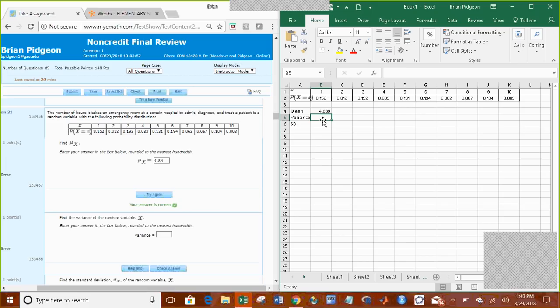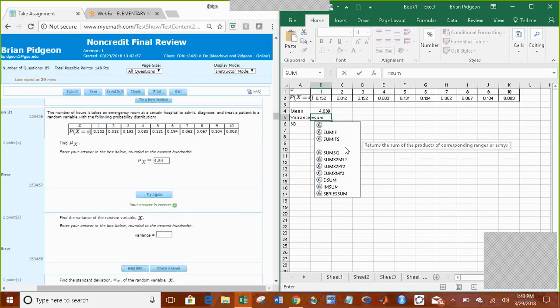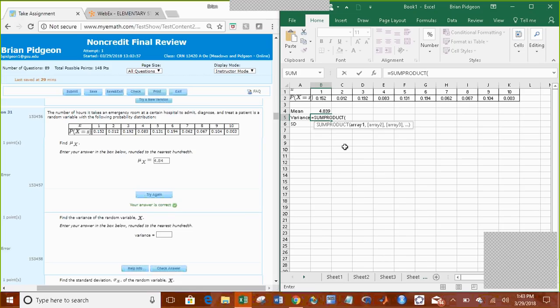So the variance is a little bit different. It's almost the same, but just pay close attention to how I'm typing this in. I'm starting with the parentheses, because we take each x value, and from those x values we subtract the mean. So we do a minus and then click on the mean.